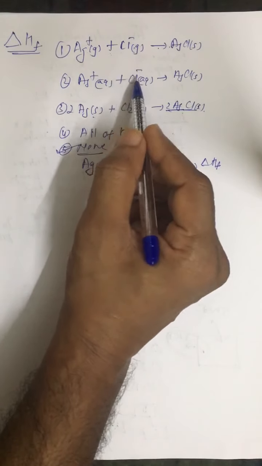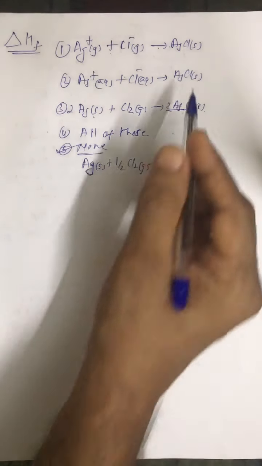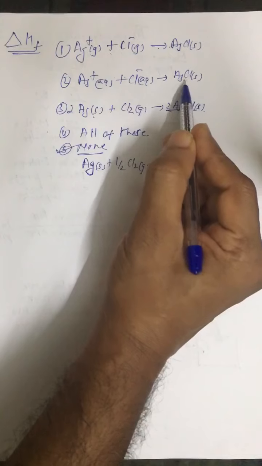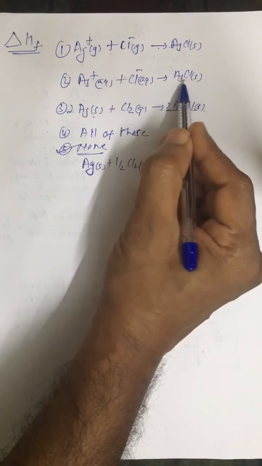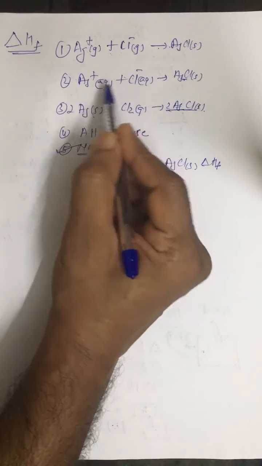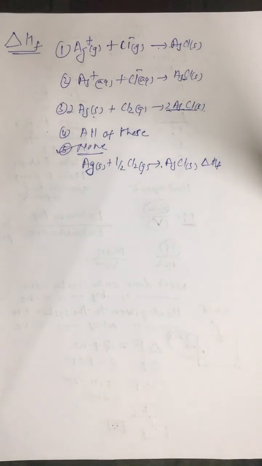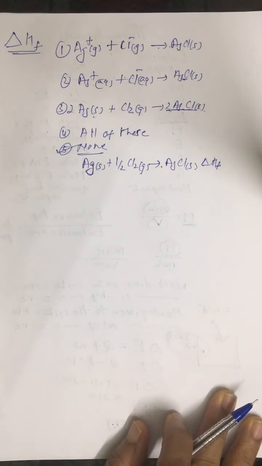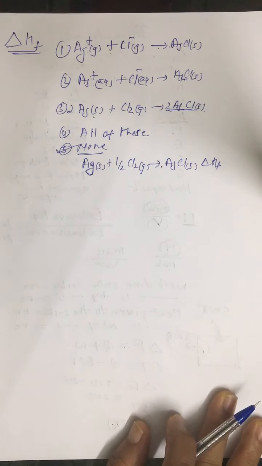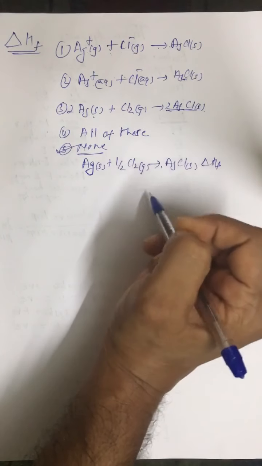The second one is called enthalpy of precipitation, the change in enthalpy when 1 mole of a precipitate is formed from its component aqueous ions. The third case is not called heat of formation of AgCl because 2 moles of AgCl are formed. So you should be careful.